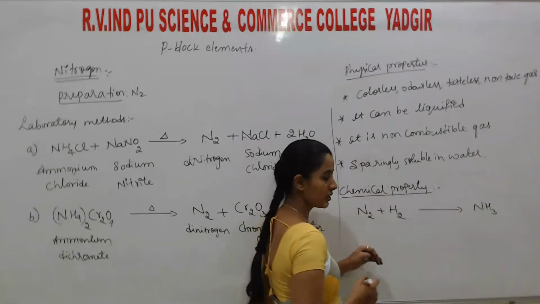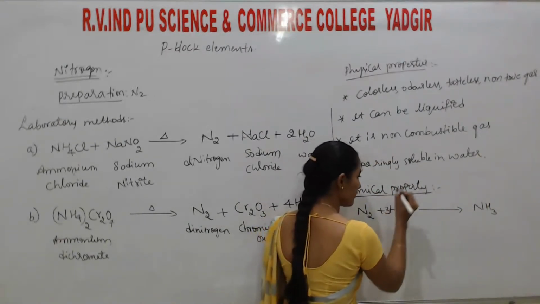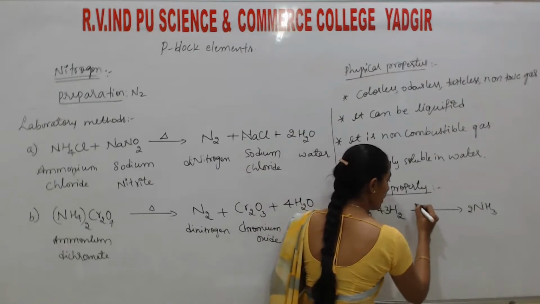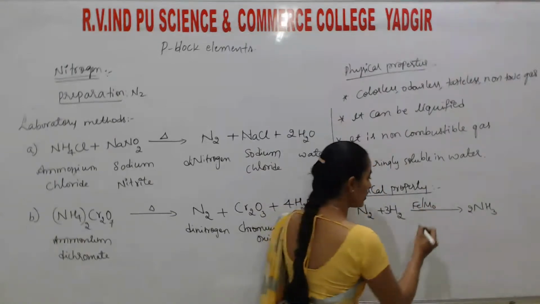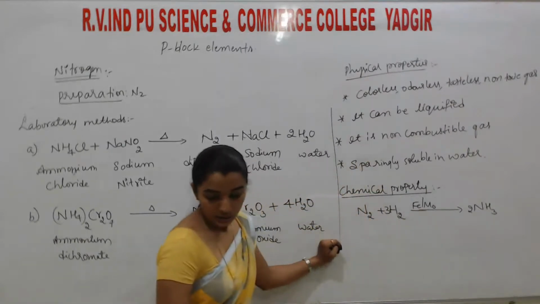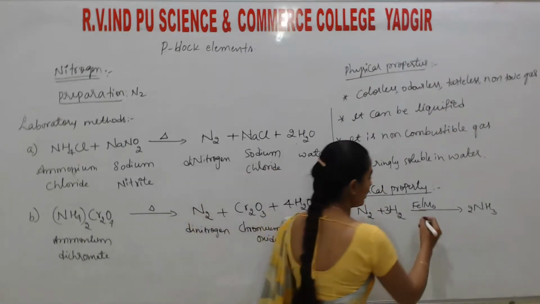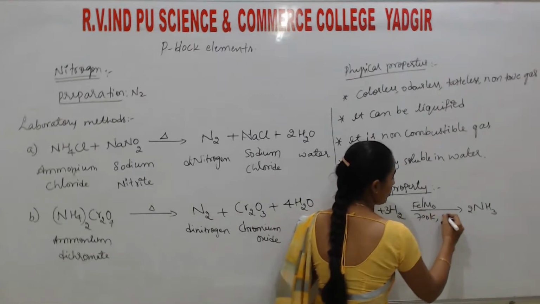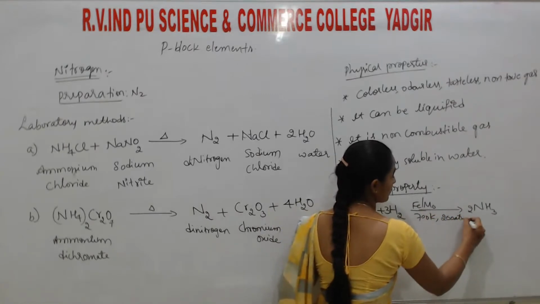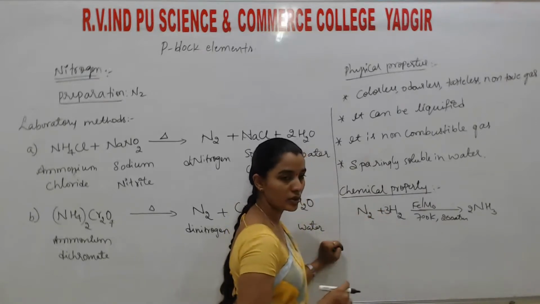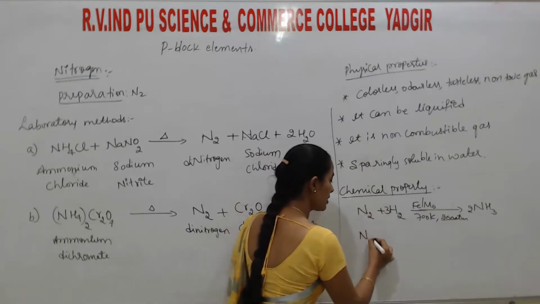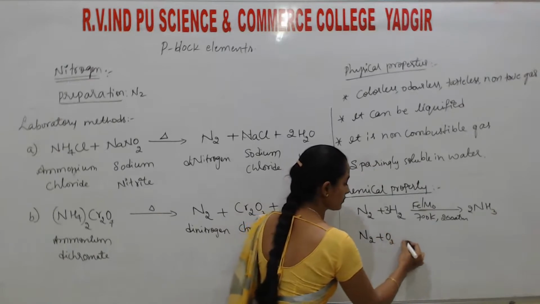For this we require iron as catalyst, molybdenum as a catalytic promoter, and the reaction conditions are 700 Kelvin temperature and 200 atmospheric pressure. First one, reaction with hydrogen. Second one, reaction with oxygen.